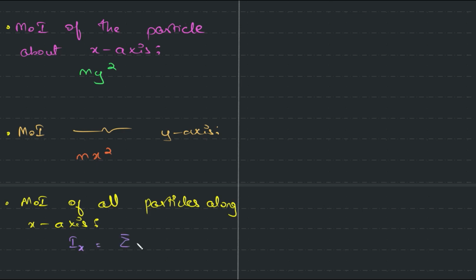This will be equal to the summation of my square. Similarly, the moment of inertia of all of this along the y-axis will be Iy, which will be equal to the summation of mx square.